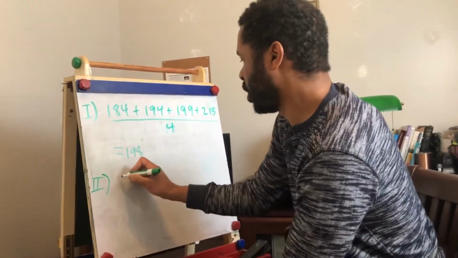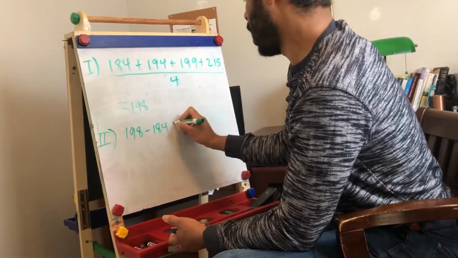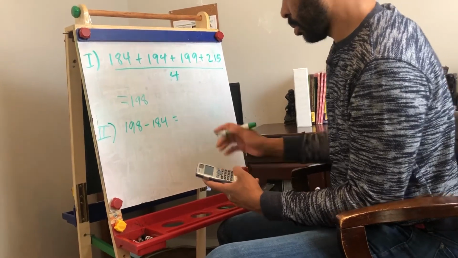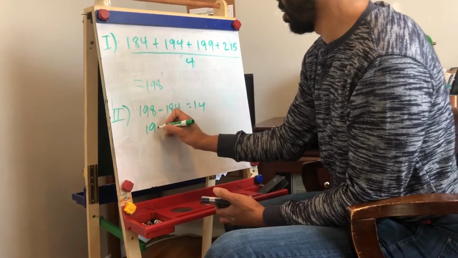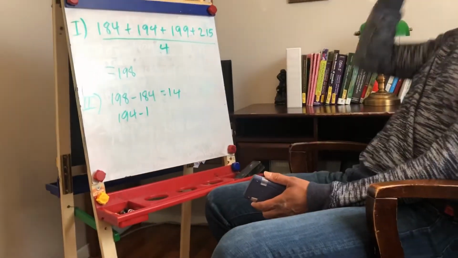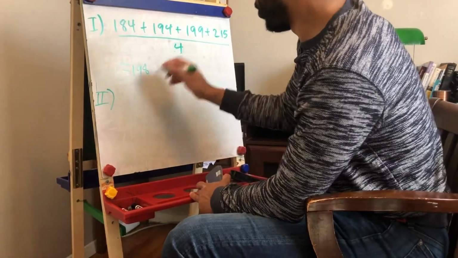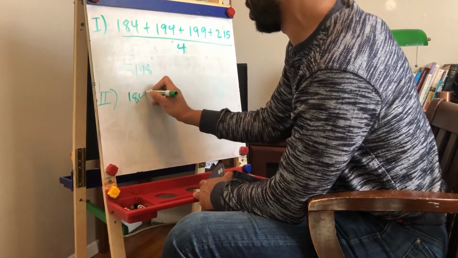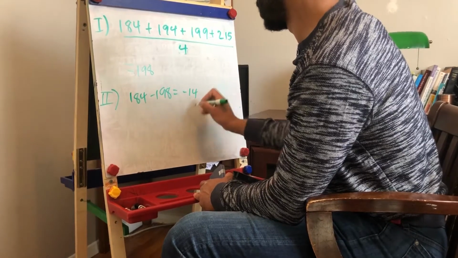I'm still going to do the subtraction. Sorry about that, it's a lot on the mind. What we should have here first is the player's value first. So it's 184 minus 198, and that's going to be negative 14.